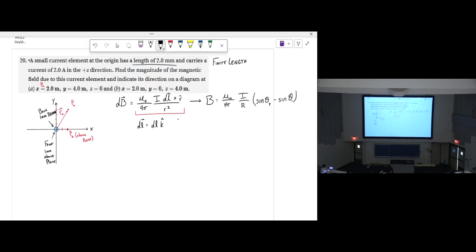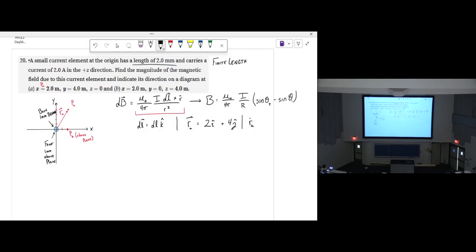And we've also got to consider that r sub a is equal to 2i plus 4j, at least as far as that little cross-section is right there.